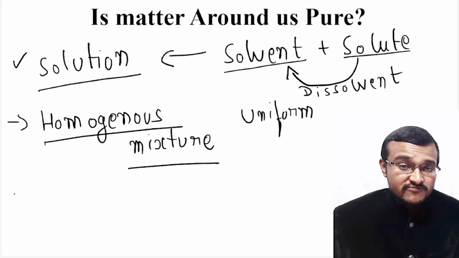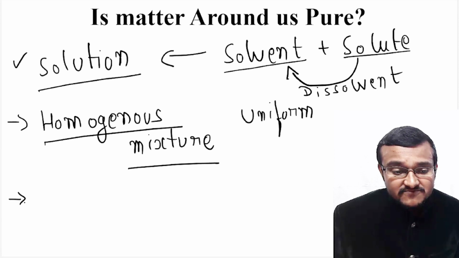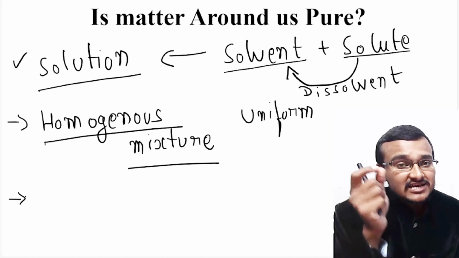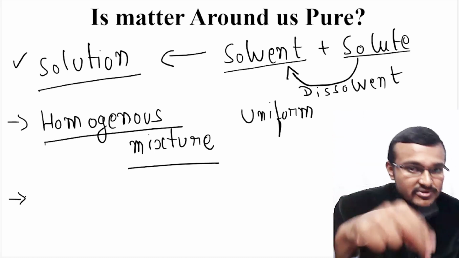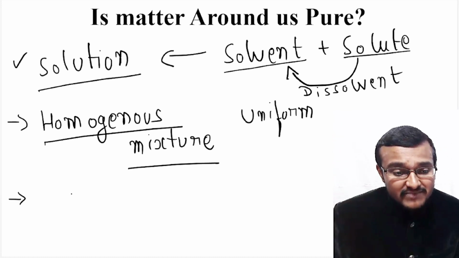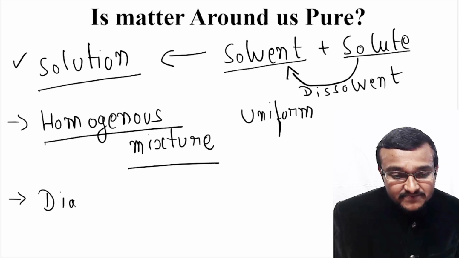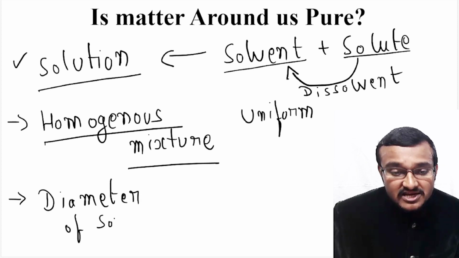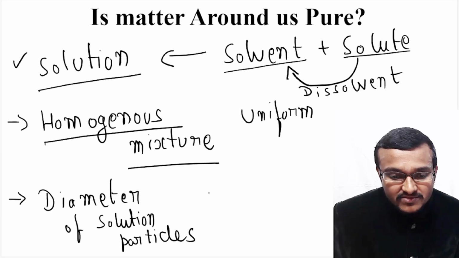So when a solution is formed, the solute which has got dissolved in that solvent will have a diameter. I'll just write: diameter of solution particles will be less than 1 nanometer.